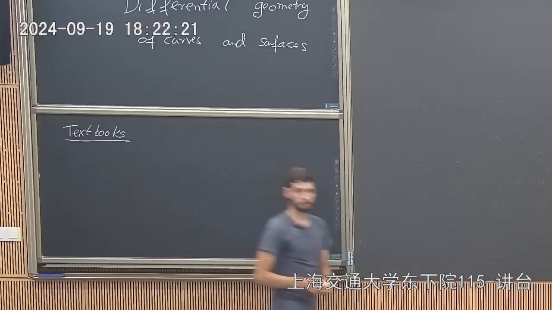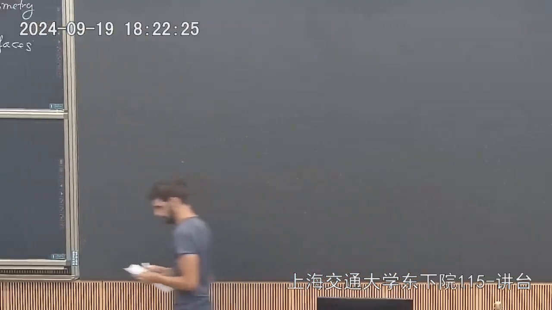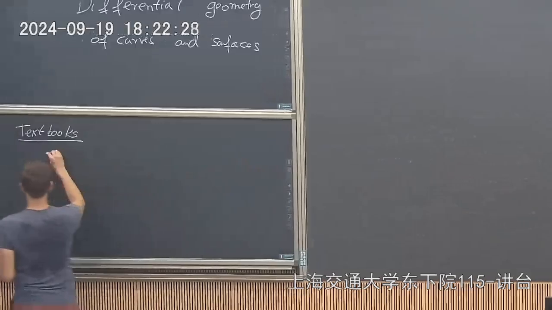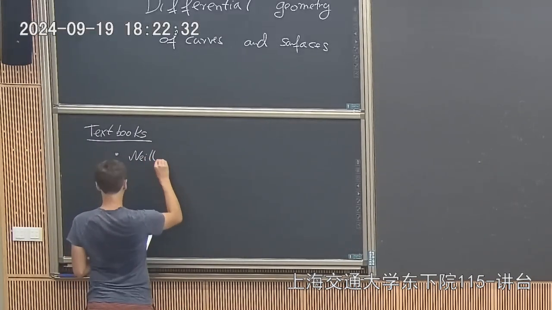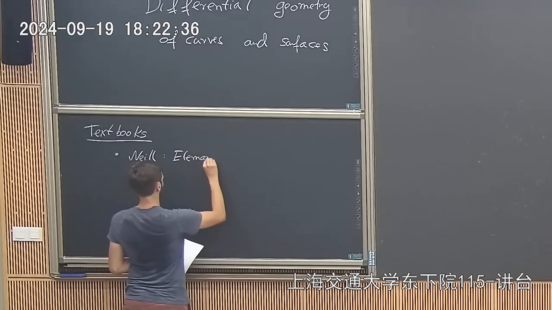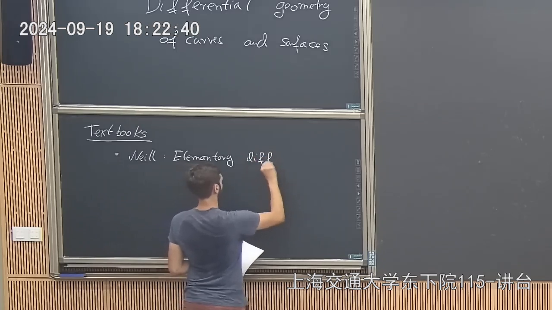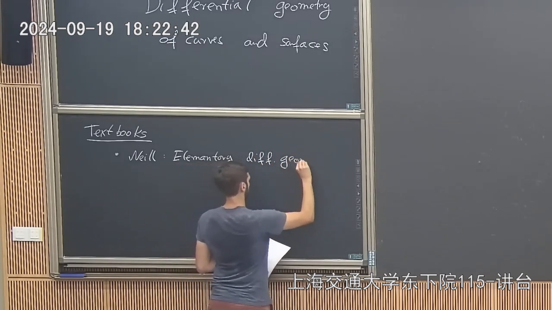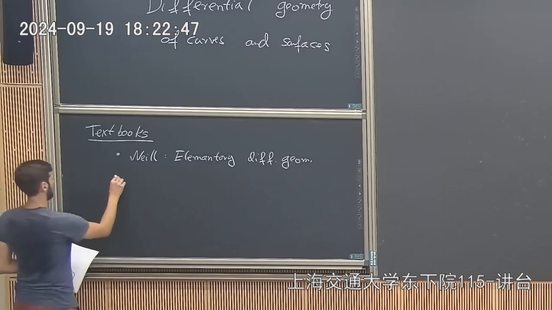So there are many textbooks on differential geometry. The one that I like the most, and which the course will be mostly modeled after, is by O'Neill, and it's called Elementary Differential Geometry. That's quite a nice book, which I like.